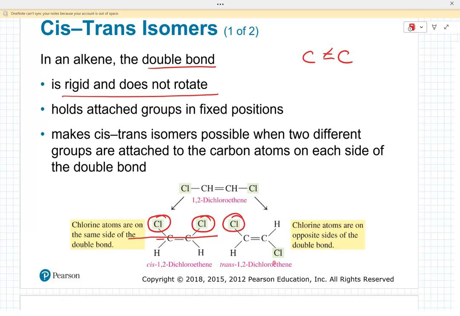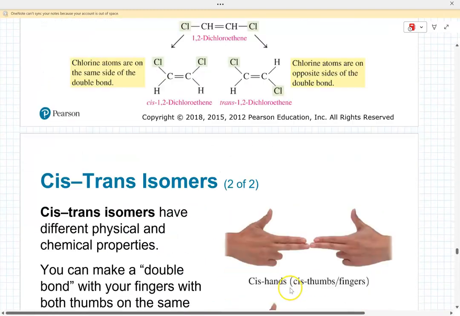In the molecule on the right, they are on the opposite side. So in addition to the name that shows where substituents are, 1,2-dichloroethene, in many cases, in molecules like this, you have to specify the arrangement of the substituents relative to the double bond.